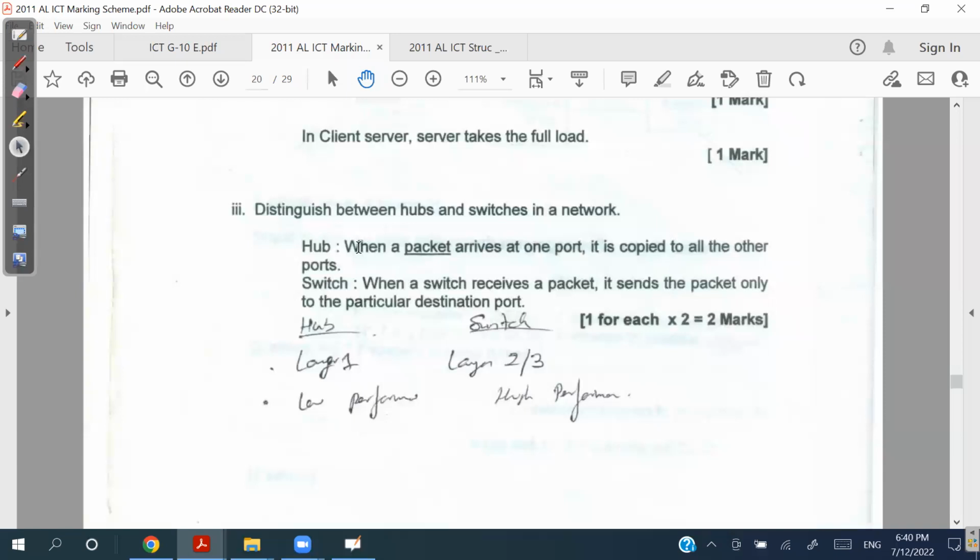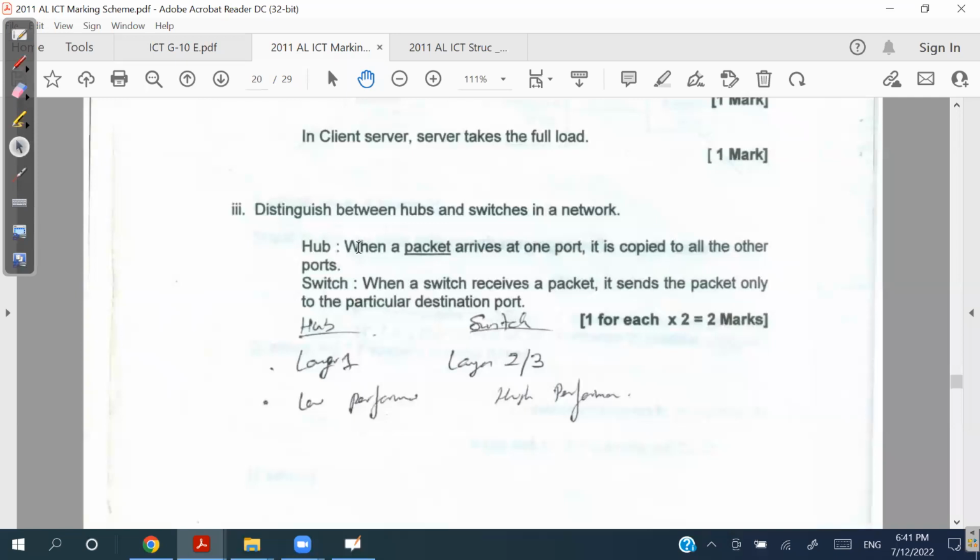When it comes to the switch, when a packet arrives, it sends the packet only to the particular destination port. That is why we call the switch intelligent, but the hub is not. As well, you can say a hub is a layer 1 device, a physical layer device, and a switch is a layer 2 as well as layer 3 device, right?